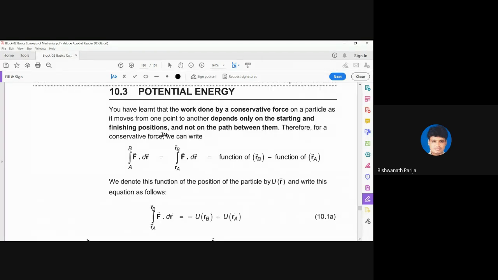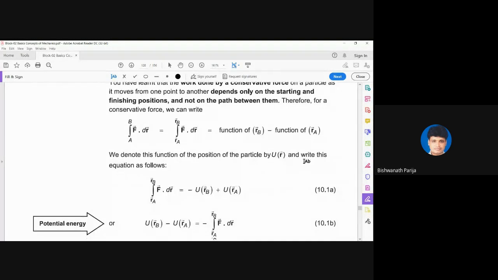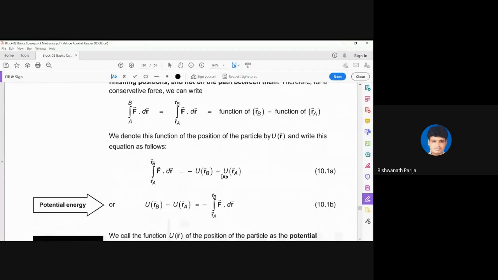So for a conservative force, the total work done from A to B is the integral of F dot dr, from RA to RB, where the position vector of A is RA and of B is RB. It will come as a function of RB and a function of RA. This work done is nothing but the potential energy: the final potential energy minus the initial potential energy.